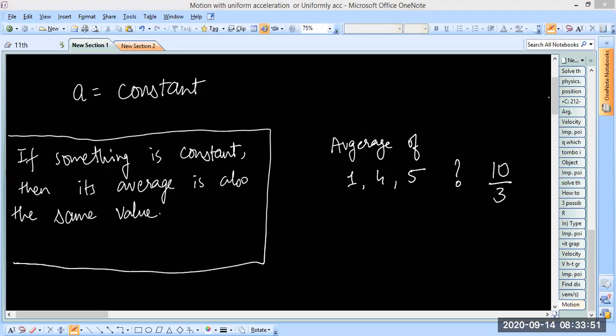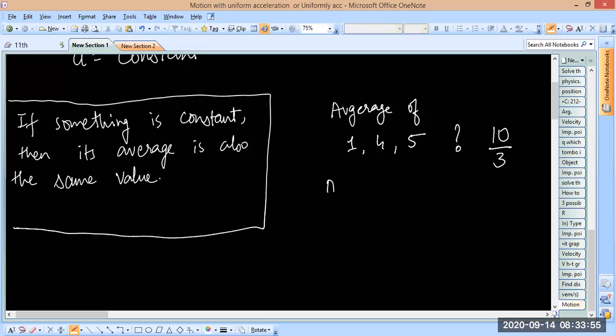Now, instead of this, suppose we find the average of your marks in some 3 exams or 3 tests, and in every test you got 80 out of 100. What's the average?